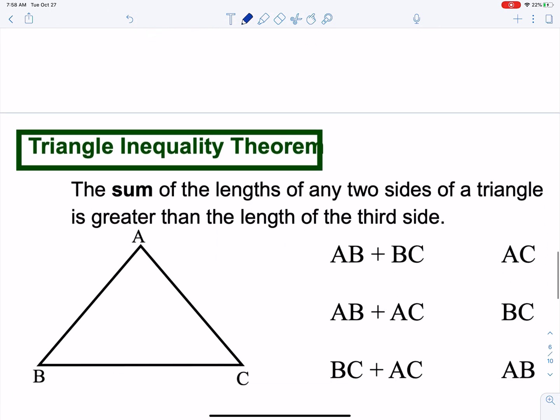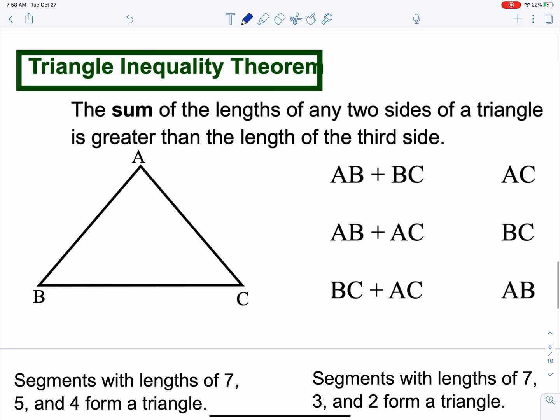Now from section 5.5, the triangle inequality theorem says the sum of the lengths of any two sides of a triangle is greater than the length of the third side. So if we add up side AB plus BC, that has to be greater than the length of AC, or AB plus AC has to be greater than BC.